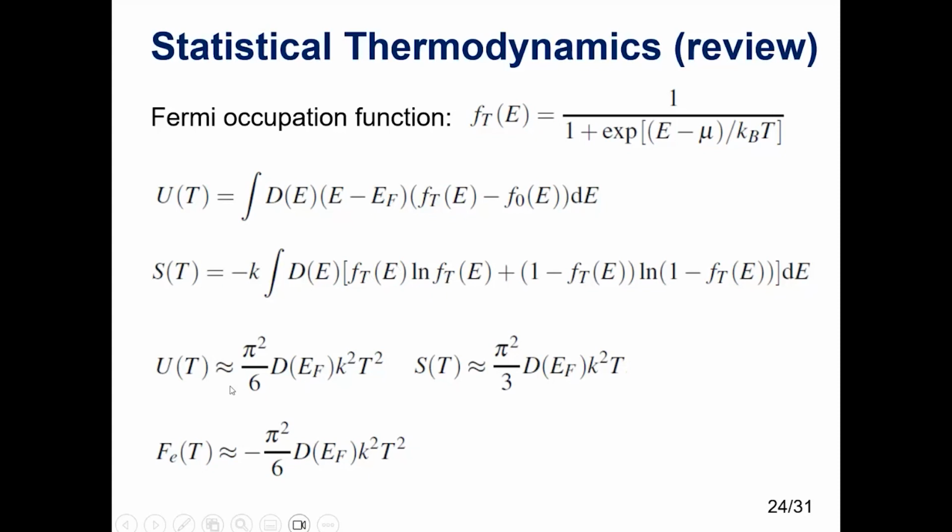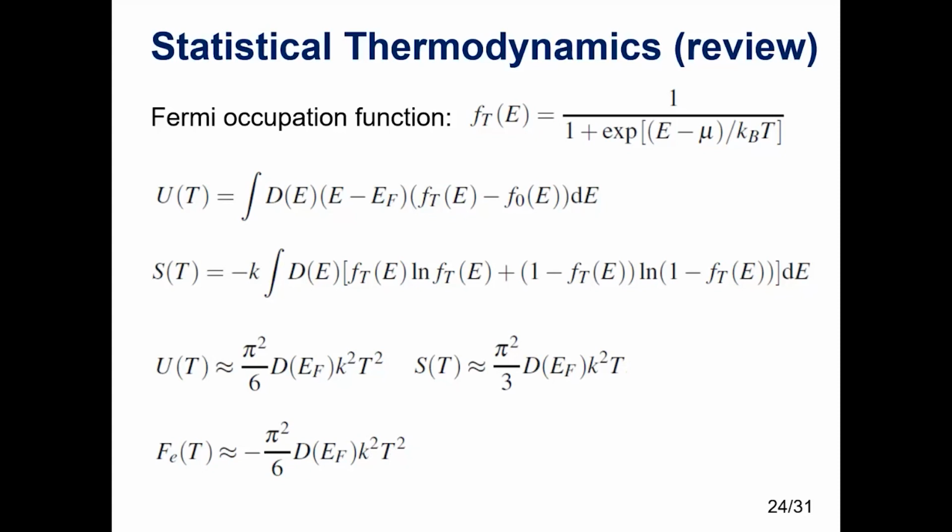And in the limit of low temperature, the electronic free energy is proportional to the electronic density of states times the square of kT. Why is it the square of kT? Well, there's one factor of kT that tells you how far below the Fermi energy you can go to excite an electron.